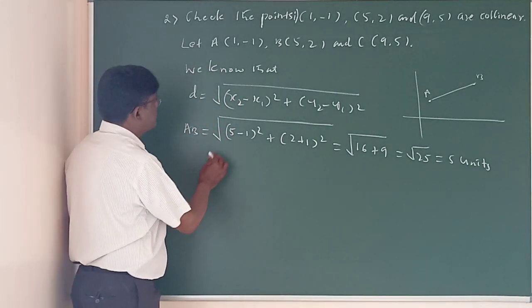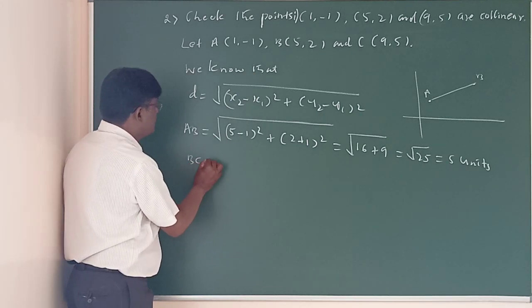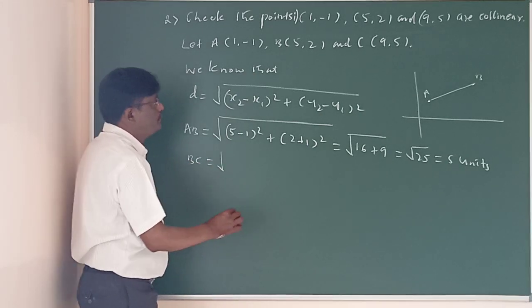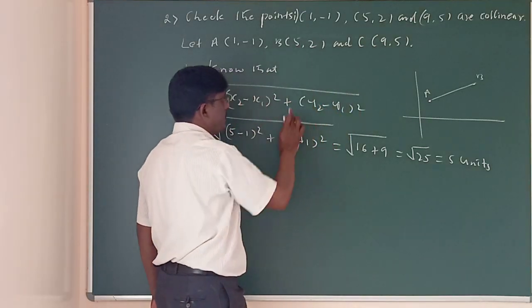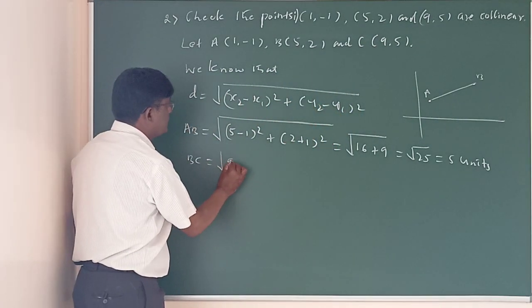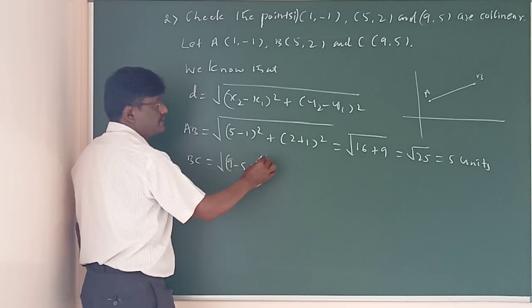Next, let us take BC. When you take BC, you treat this as x2, y2 and that as x1, y1. Hence, 9 minus 5 whole square, correct?